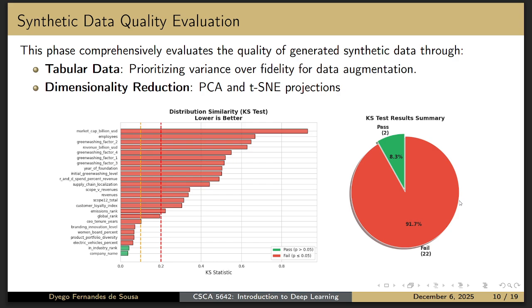Now, the final step is to evaluate the synthetic data that was generated. So I'm evaluating pretty much the tabular data in these next slides. And I'm executing some PCA and t-SNE for visualizations.